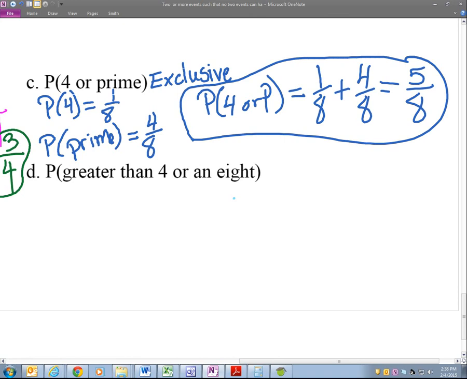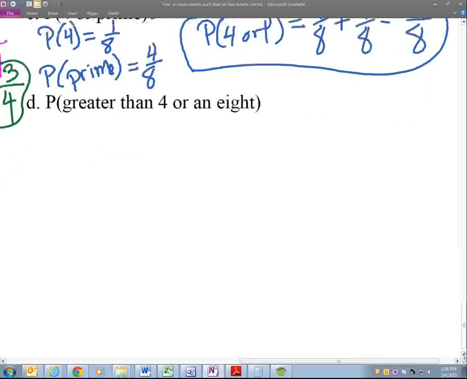Now, this is what we have to look at. We have 2 different situations here. We have an event A and an event B. Can you have a number that is greater than 4 and an 8? Will that be the same thing? Yes. They have something in common, so right away we are inclusive.